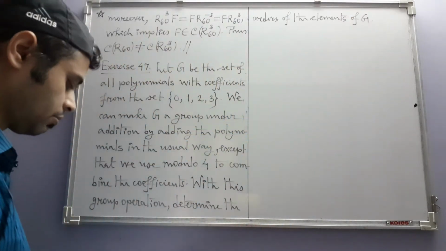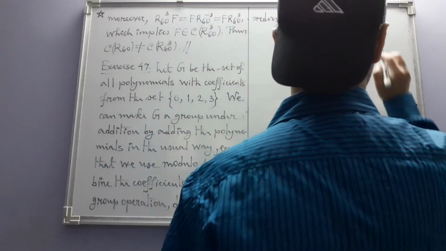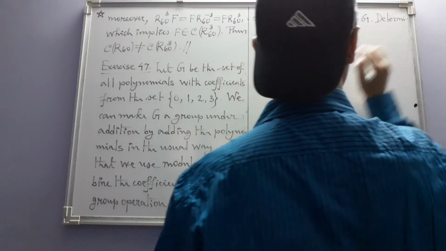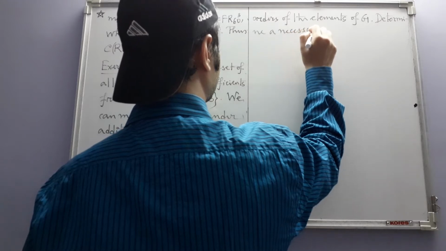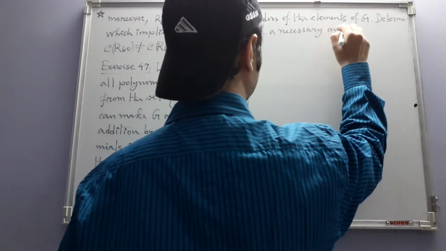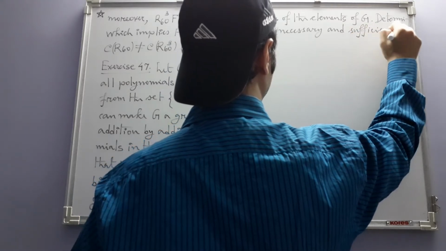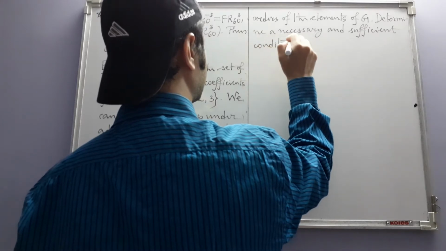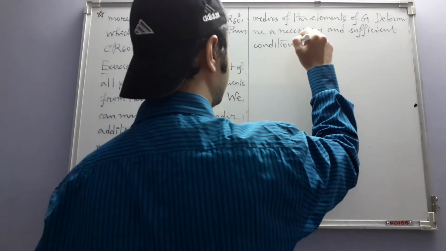Okay, so that is one part of the exercise, and the other part is this. Determine a necessary and sufficient condition for an element of G to have order 2.